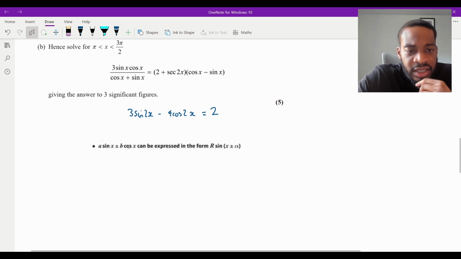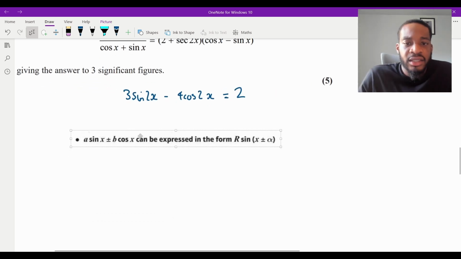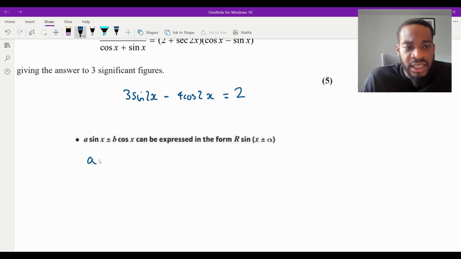So if I put this there, right, if I compare this, well, it's a minus, right? So what this is telling me is that a sine x minus b cos x is going to equal r sine of x minus alpha, right?